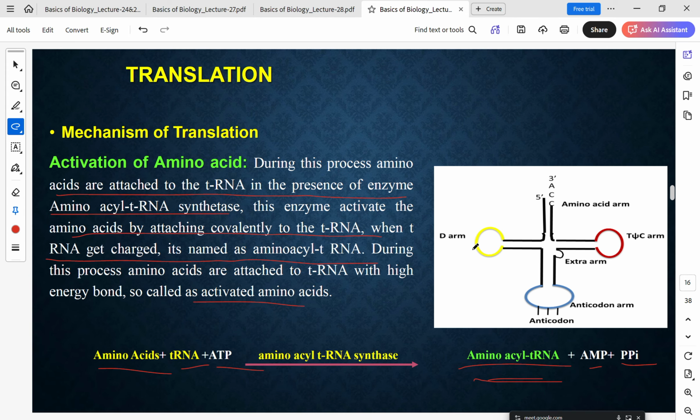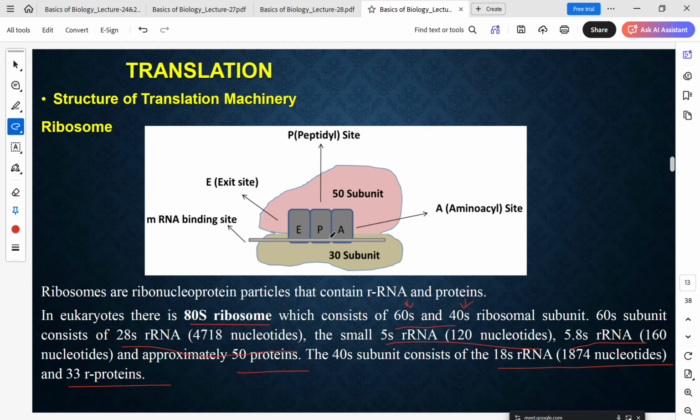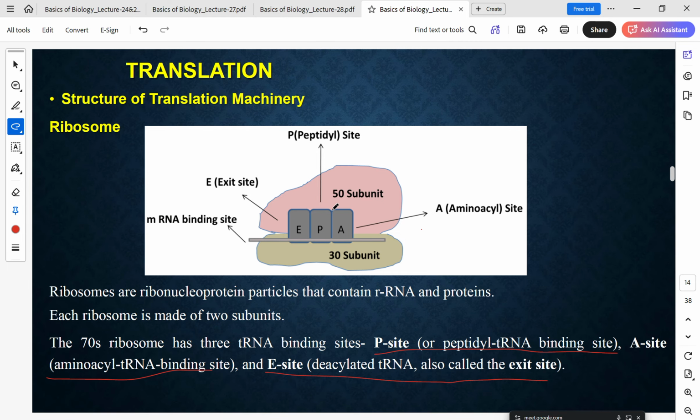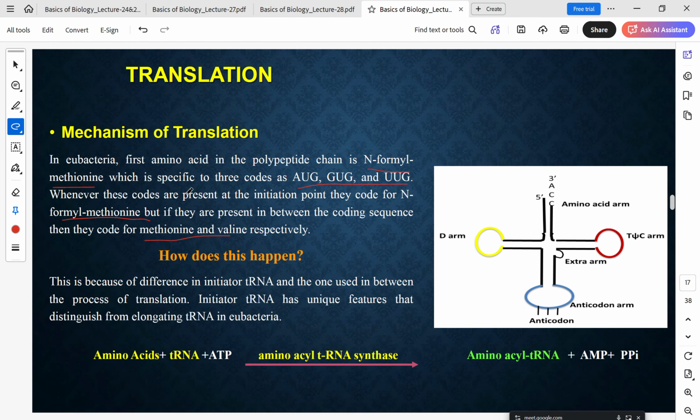So it lies somewhere in between A and P site. The entry of the RNA always occurs from this end. It first comes in contact with A, then P, then exits from E.